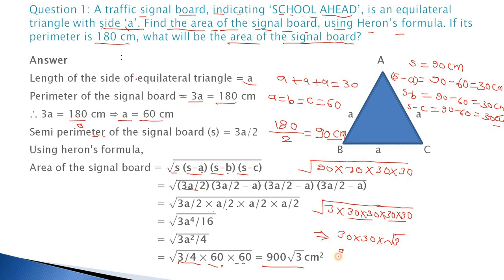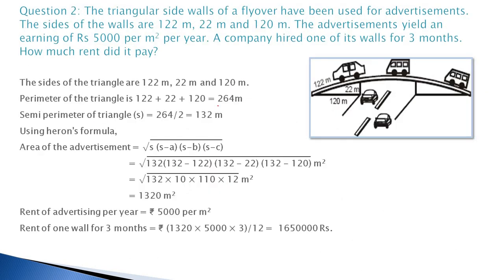We get 900 root 3 centimeter square. This is the second method of solving this question. Okay, we get the area of the signal board is 900 root 3 centimeter square.